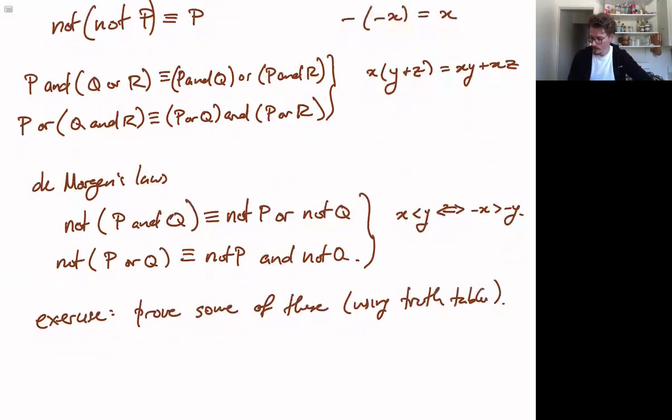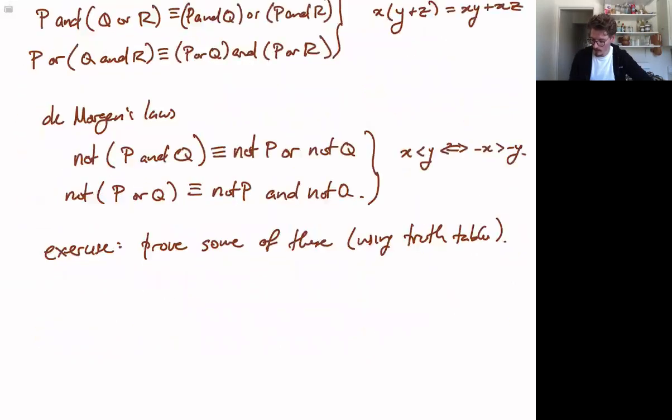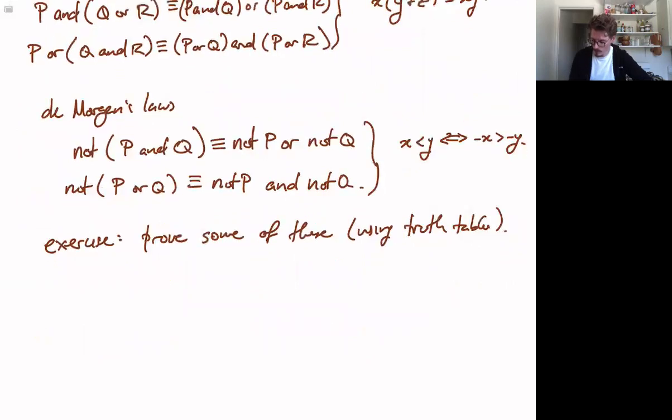Or if you're not keen on truth tables, I mean, they're useful, but they're a little bit cumbersome. Something that can be easier, which I want to give a quick example of, is that you can use these equivalences to transform one expression into another.